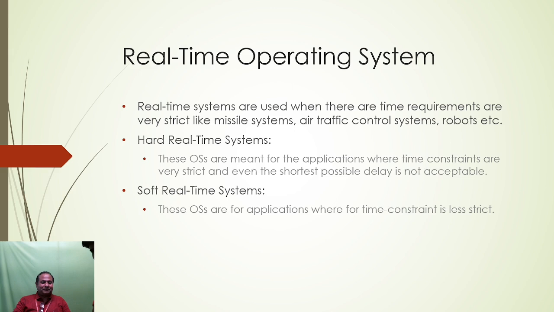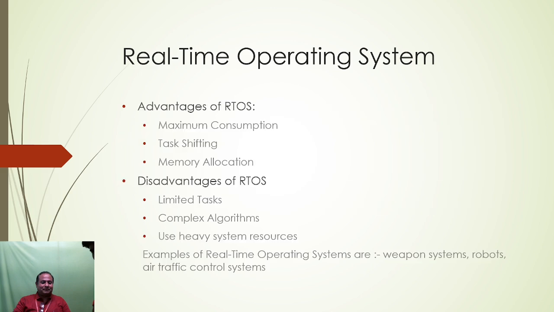It won't accept any further delay. Similarly, in a soft real-time system the time constraint is less strict. Some minimal amount of delay is accepted in the soft real-time system.